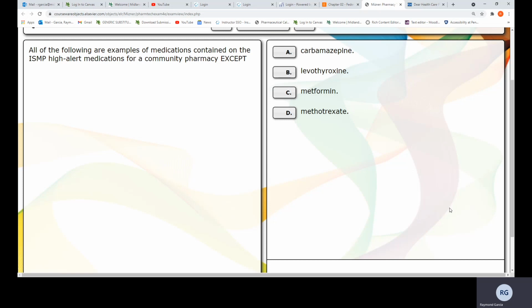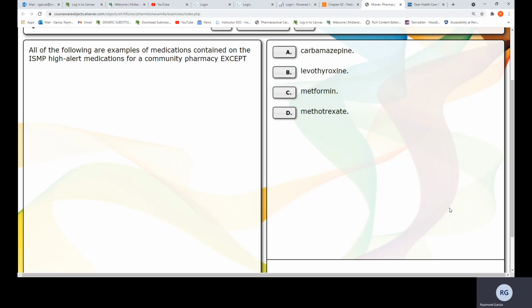All of the following are examples of medications contained on the ISMP high alert medications for community pharmacy, except which one? All of them except which one?